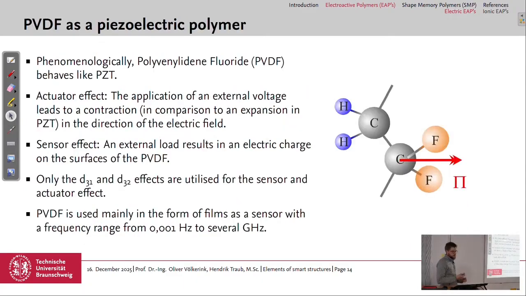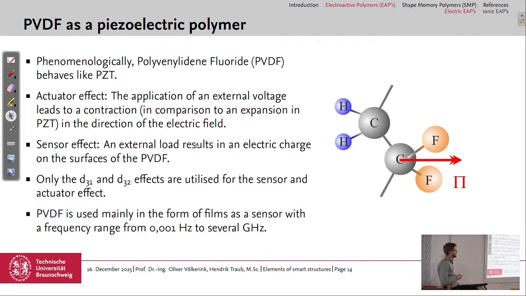So now we're coming to the piezoelectric properties, or the piezoelectric material, so phenomenological. PVDF behaves like our lead zirconate titanate piezoceramic. And for the actuator effect, if we apply an external voltage, like we did in the lab to the stack actuator, this leads to a contraction and not to an expansion.